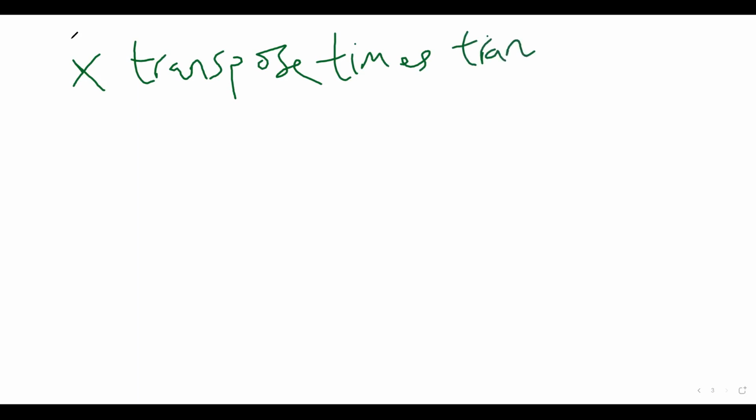The first one is X transpose. Anytime you have X transpose times transpose, and I think that the last time I told you to just learn a little bit of that. X transpose times transpose, what will be the value? This one you either know or you don't know.